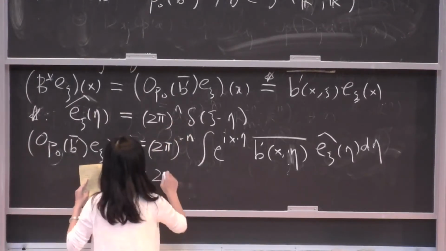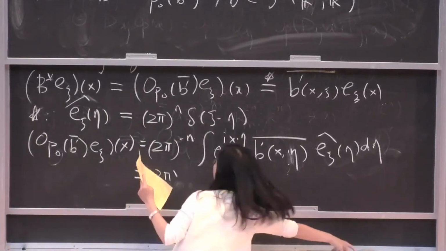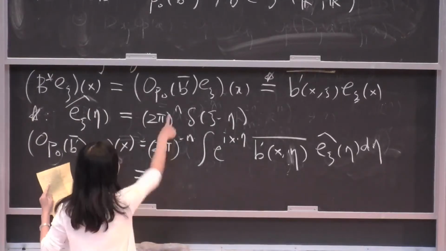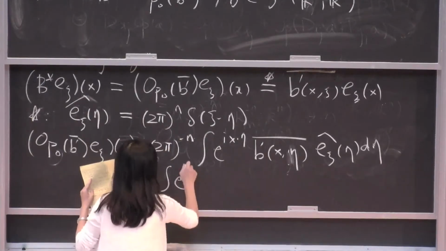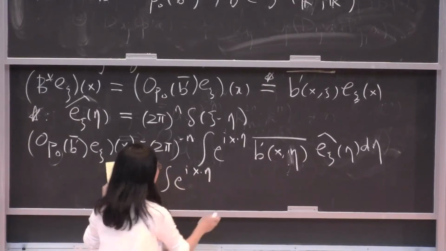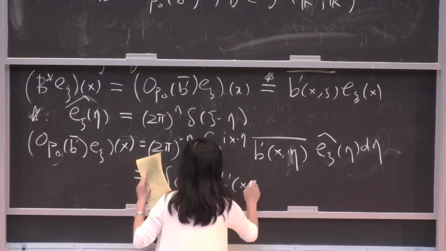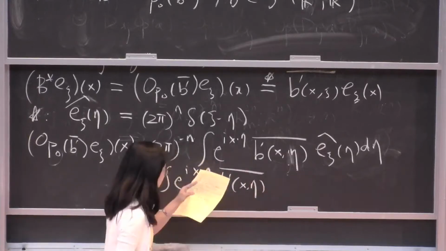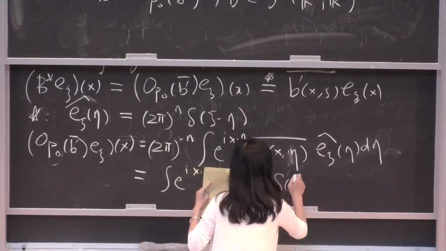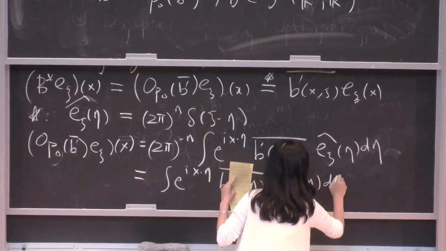And this is 2 pi. There's no (2 pi)^(-n) anymore because there's a (2 pi)^n here. So this is e^(i x·eta) b prime(x, eta bar), and replacing this by delta(psi minus eta) d eta.